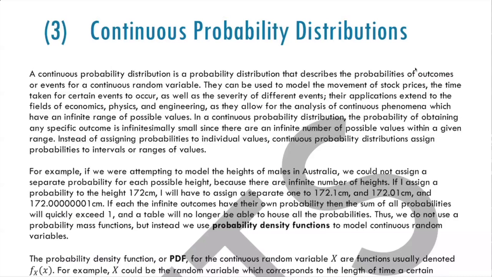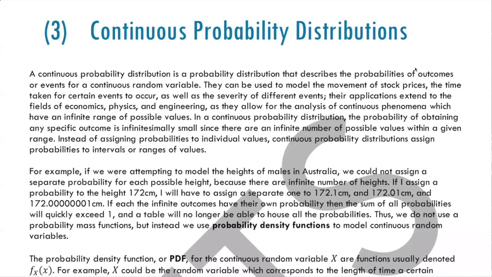You might say, what if I say the probability that someone is 172 centimeters to the nearest centimeter? That's fine. We can find a probability for that, but then it no longer becomes a continuous variable. It becomes discrete because now I only have 172, 173, 174 because it's all to the nearest centimeter. Does that make sense? Perfect. So that's what that middle paragraph says.